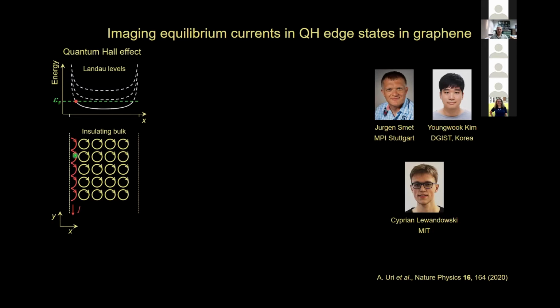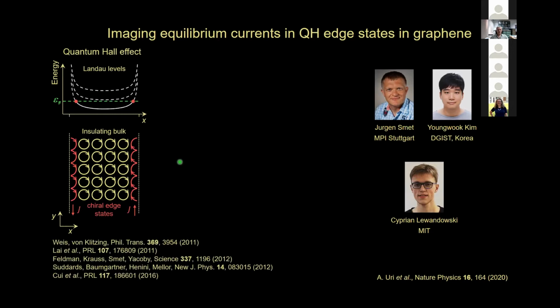And along the edges, we have chiral edge states. These are the skipping orbits that we usually think of in terms of quantum Hall. And they cause current to flow in one direction on one side and in the opposite direction on the other side. So these are the 2 edge states of the quantum Hall, which result in quantum conductance.